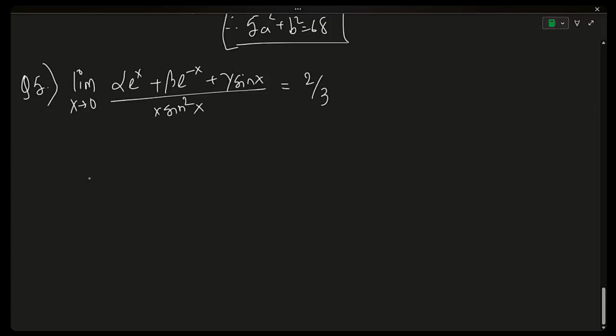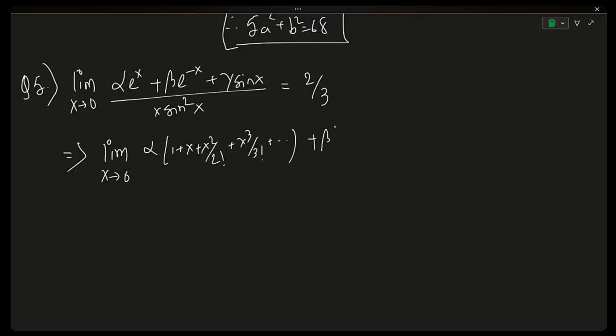Again, in this kind of question, we would like to do the same thing as we have done before. For alpha, we write 1 plus x square by 2 plus x cube by 3 factorial and so on. For beta, we write 1 minus x plus x square by 2 factorial minus x cube by 3 factorial and so on.